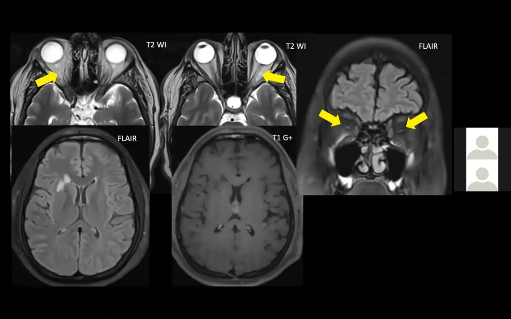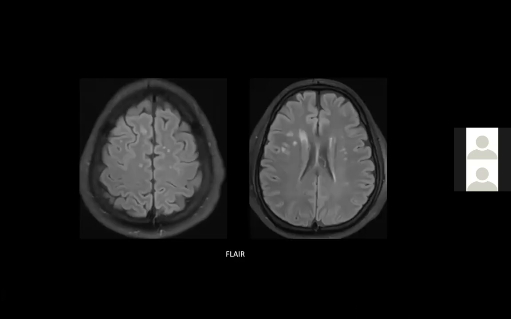This patient also had in MR imaging some subependymal lesions involving the right caudate nucleus and right anterior putamen. You can see here a T1 hypointense lesion and T2 hypointense lesion, not showing contrast enhancement. And the other lesions in the brain are not fulfilling the dissemination in space criteria in this patient.